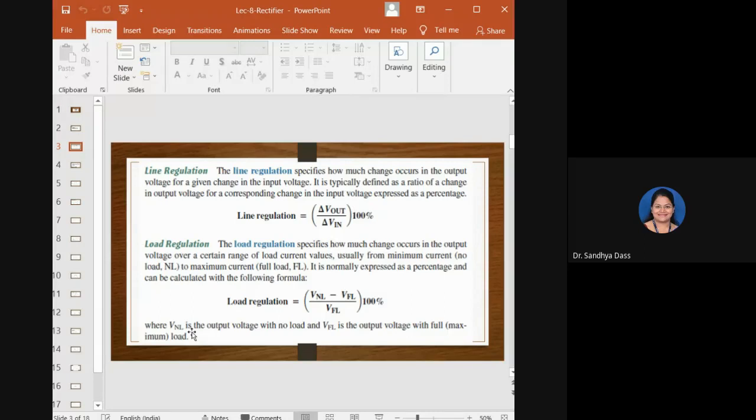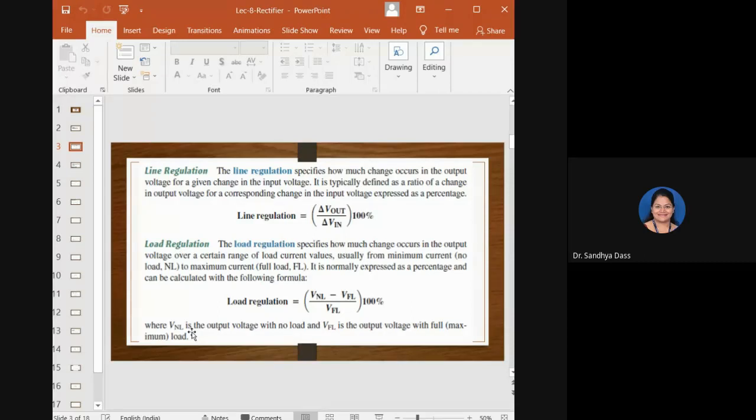So in line regulation, there will be variable input voltage, and at the output the load will be fixed. To calculate the percentage of regulation in line regulation, generally we take change in the output with respect to change in input into 100.